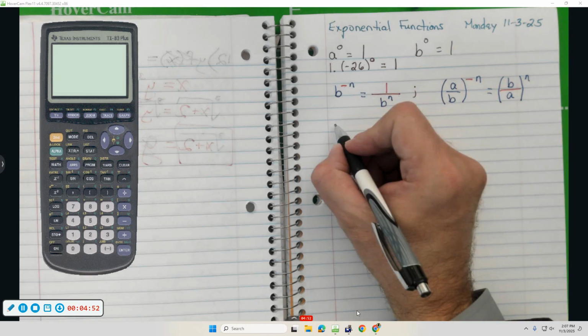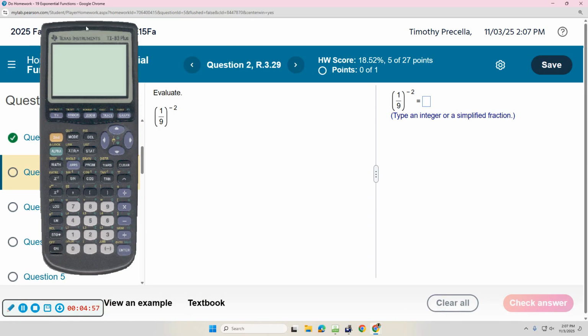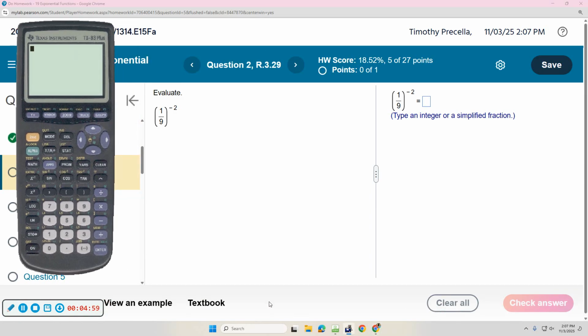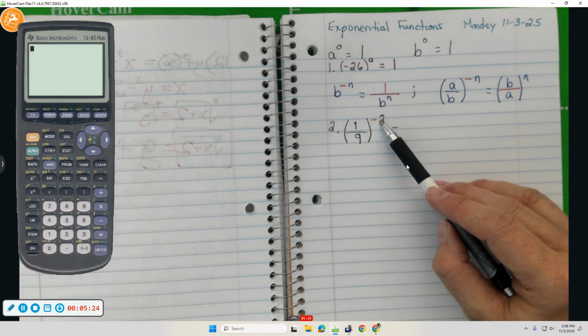So problem 2. 1 over 9 to the negative 2 power. Here we have a fraction raised to a negative power.